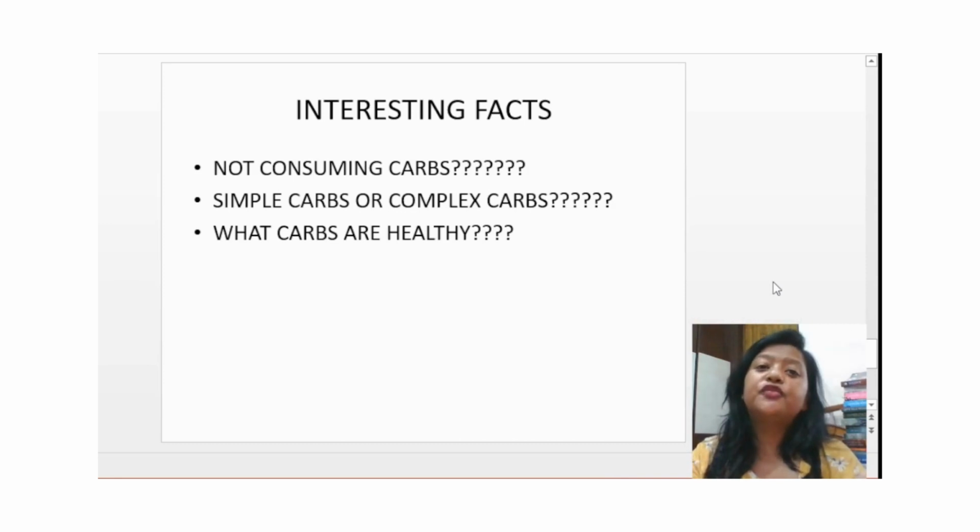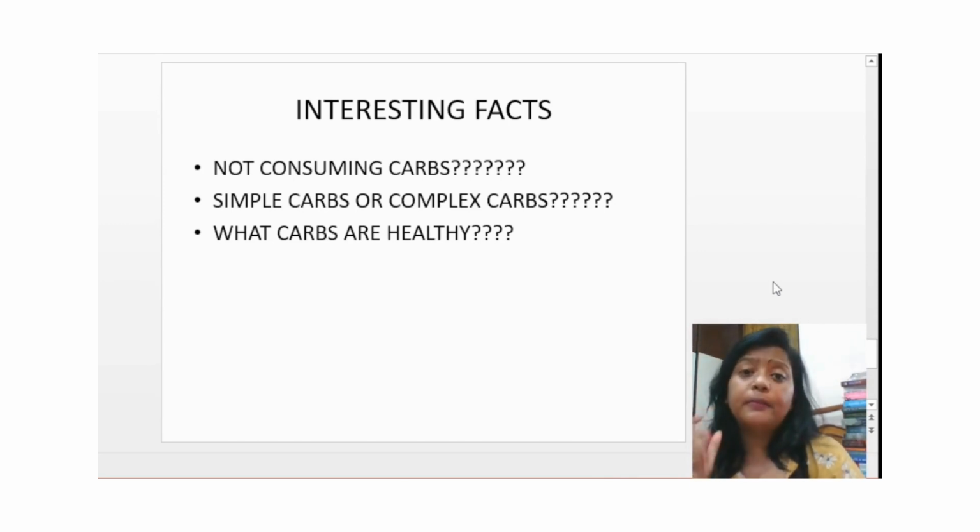Instead of processed foods like chocolates and processed juices, you can move on to complex carbohydrates, like fruits and vegetables. They take time to digest, they let you stay filled up, and they decrease your craving for sugar.